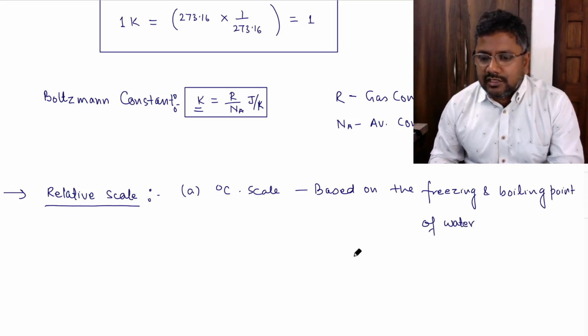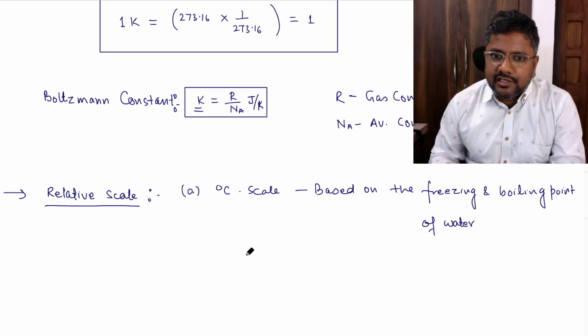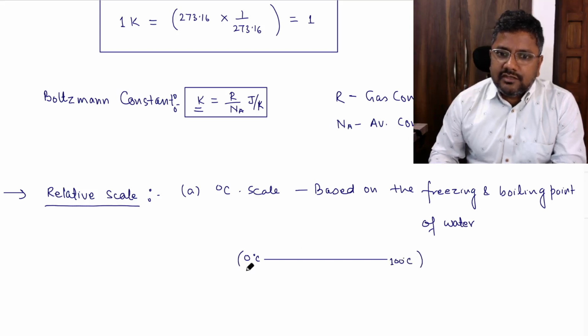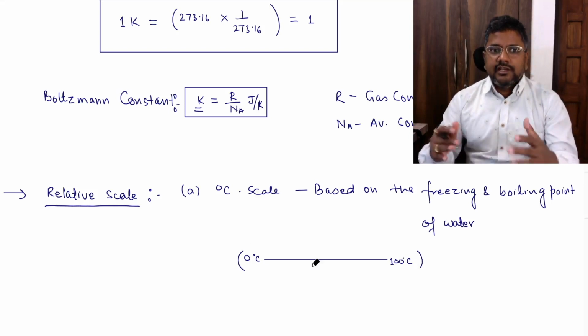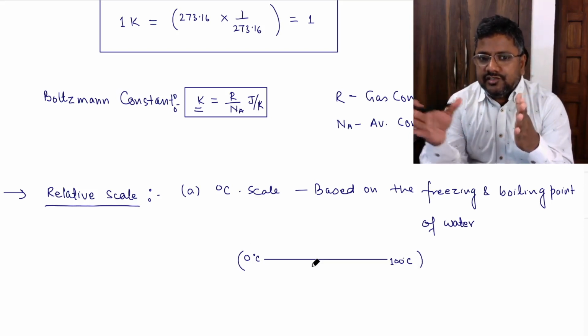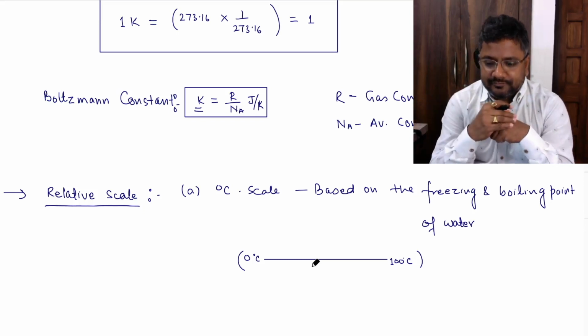So freezing point 0 degree Celsius, and boiling point 100 degree Celsius. So this is the reason why in this degree Celsius scale we have divisions between 0 to 100, right?